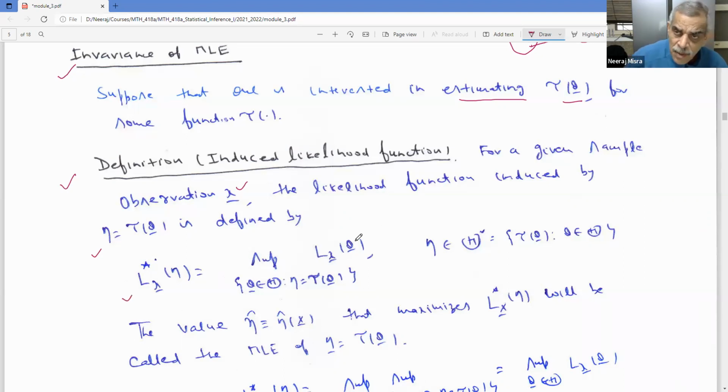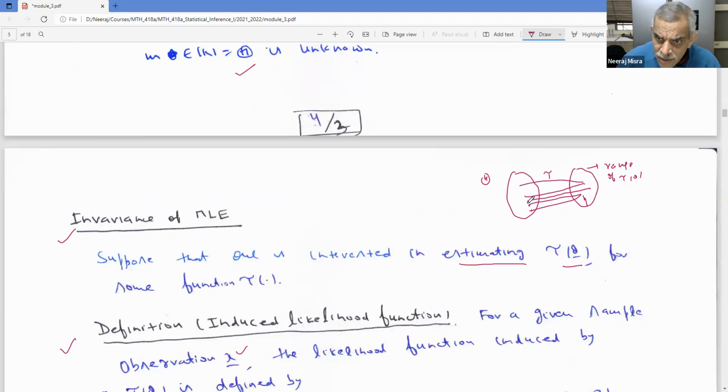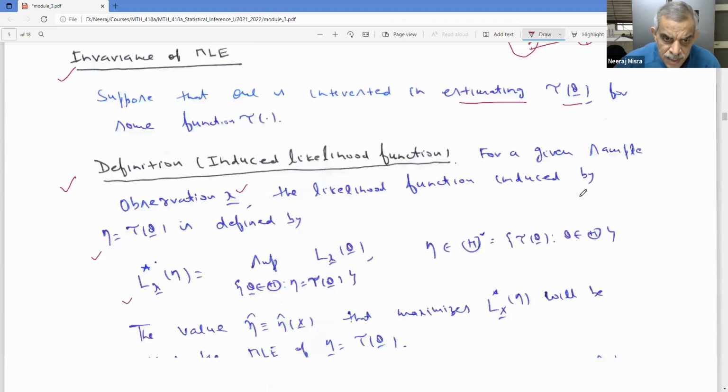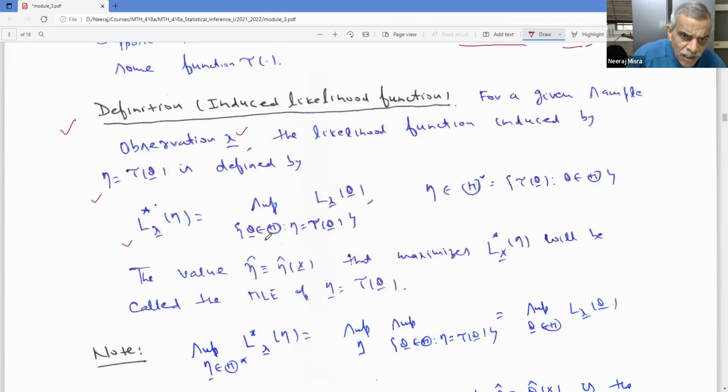I look at the maximum over all those likelihoods at only those points which are going to eta, so the supremum over all those theta for which the image is eta. That is how I define Lx star eta. Now eta belongs to the range of tau theta, so eta belongs to theta star, which is the collection of all those tau theta such that theta belongs to theta.